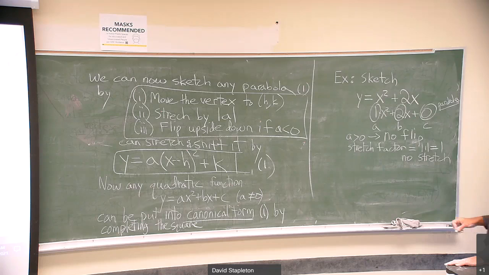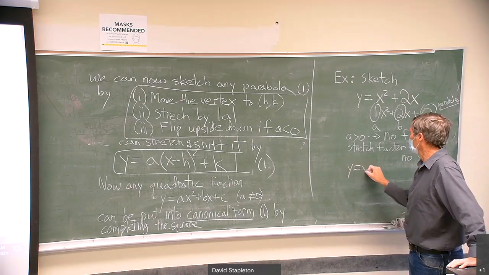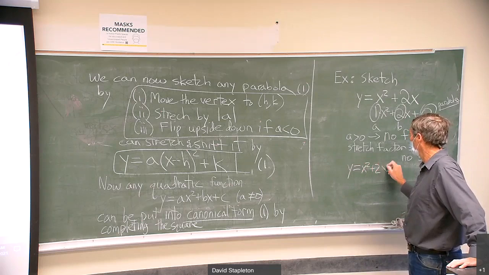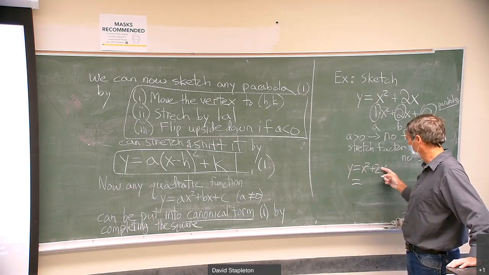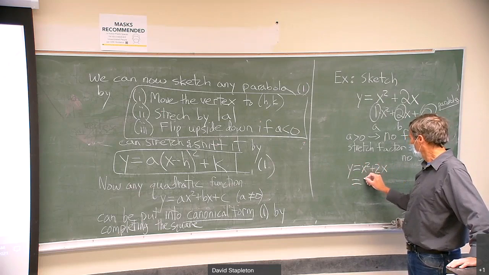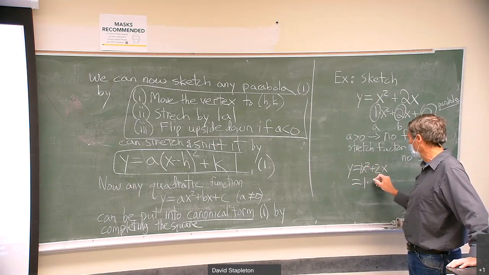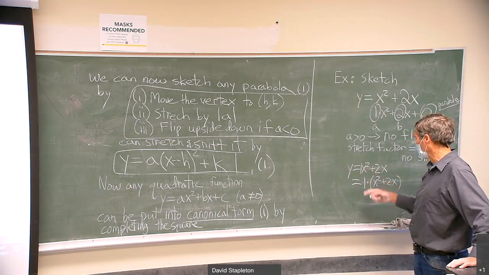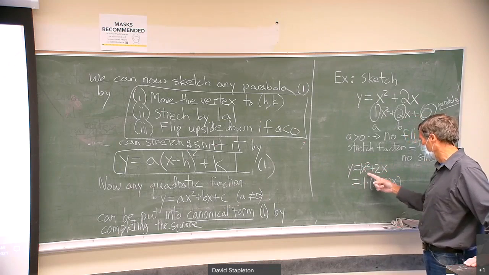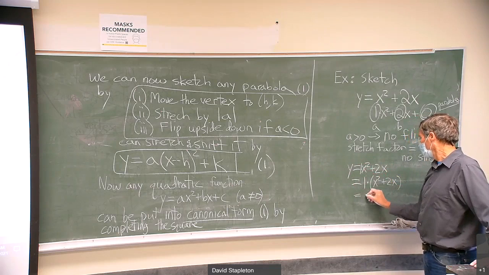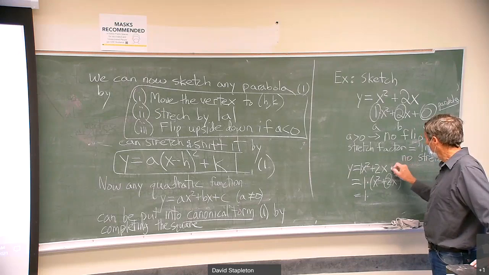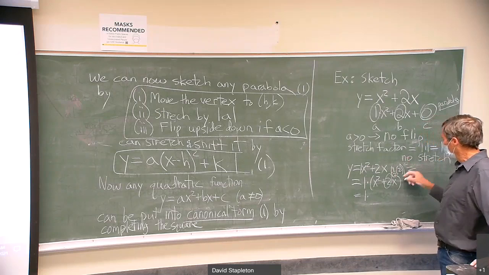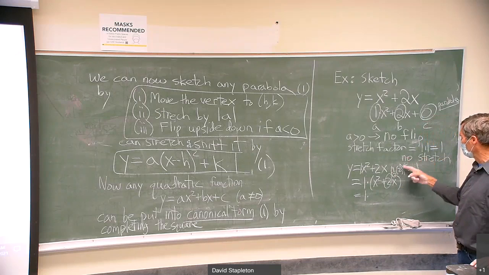Well, I have to complete the square. y equals x squared plus 2x equals, what you do to make a perfect square, remember? You pull the coefficient of x squared out. I'll put 1 here times x squared plus 2x, just to show that in general, you have to pull out the coefficient of x squared. Coefficient is the number multiplied. And then you take 1/2 of this number, remember, and you square it. 1/2 of 2 squared is 1. 1 squared is 1.